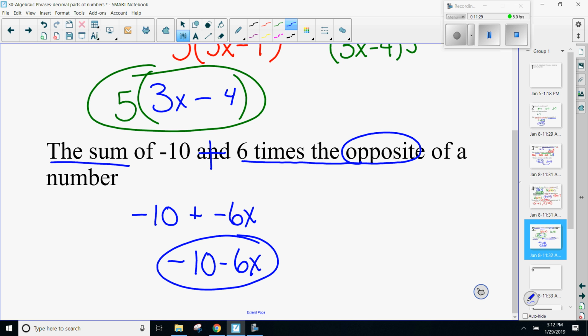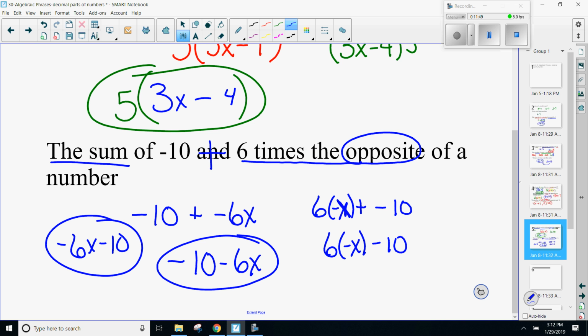Now, something else that would be correct is you were adding -10 and 6 times the opposite of a number. That's an x right there. Sometimes you can show it as this. I prefer this. You could say it's -6x minus 10. That's okay.